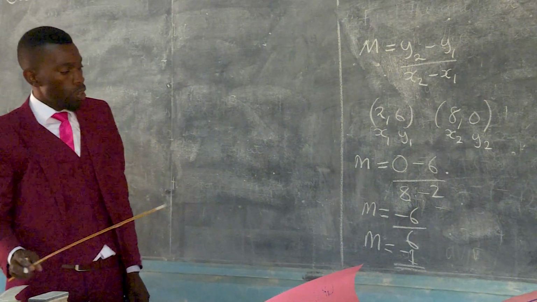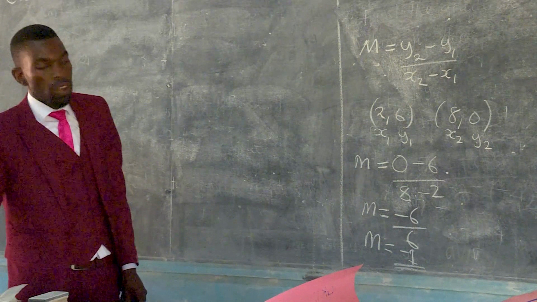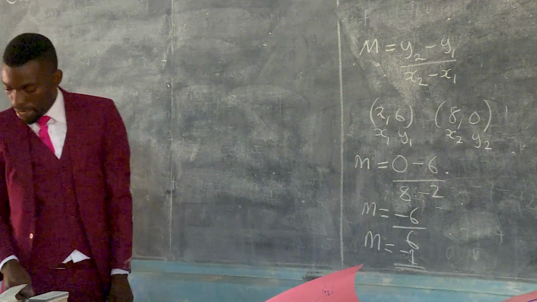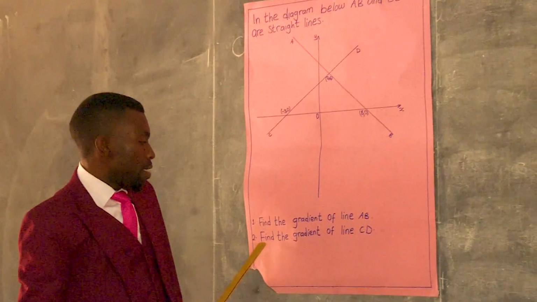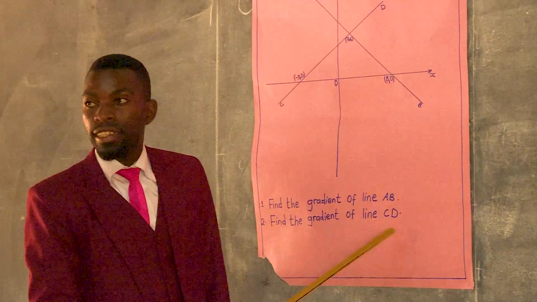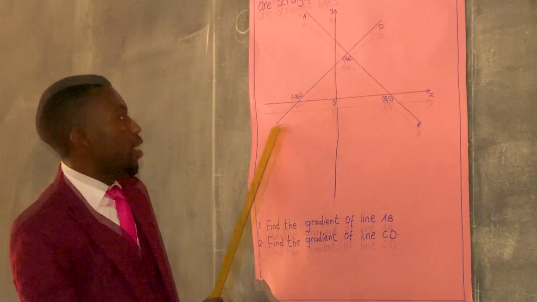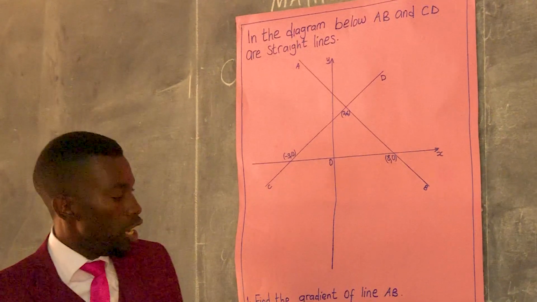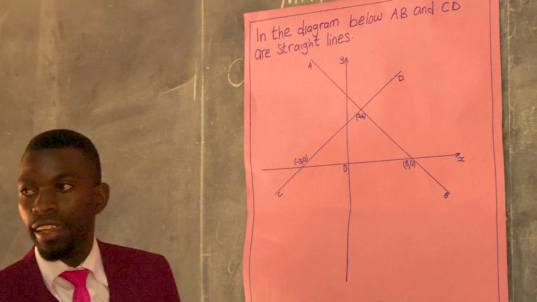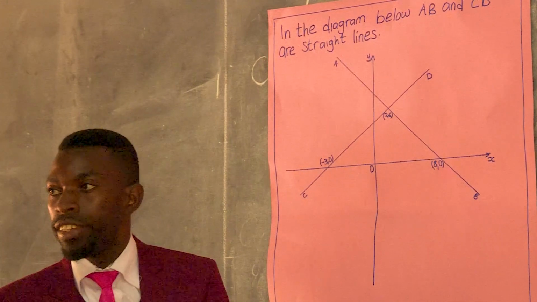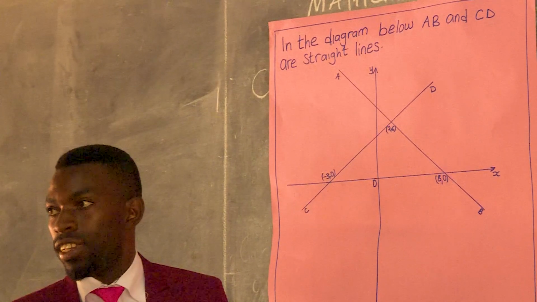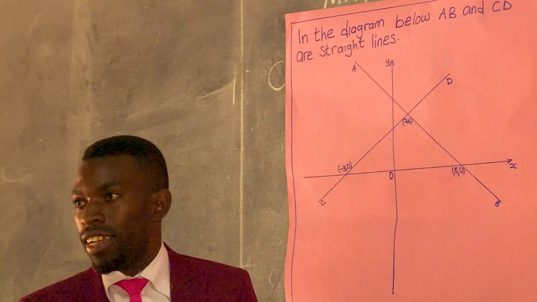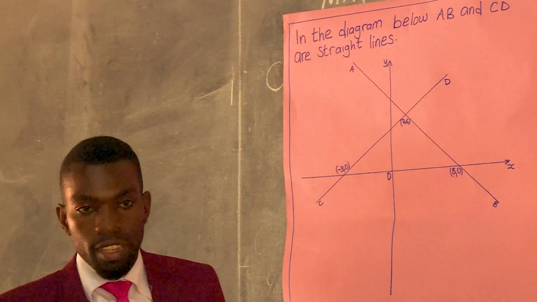Then we move on to line CD. So the next one we're moving on. Find the gradient of line CD. So this is the line CD. Anyone can come and find the gradient for this line? CD. Yes, Joseph.